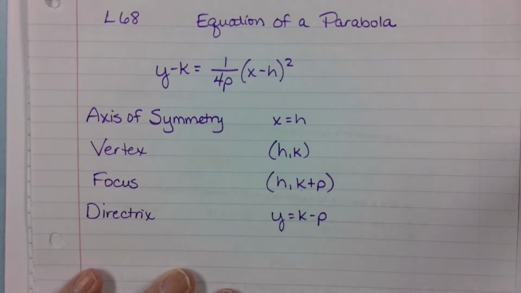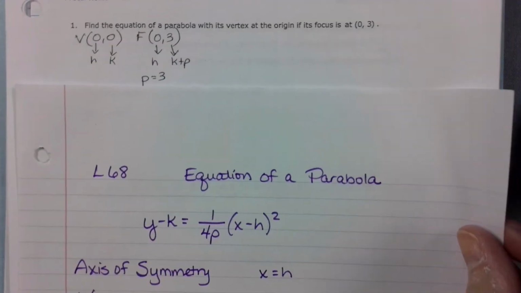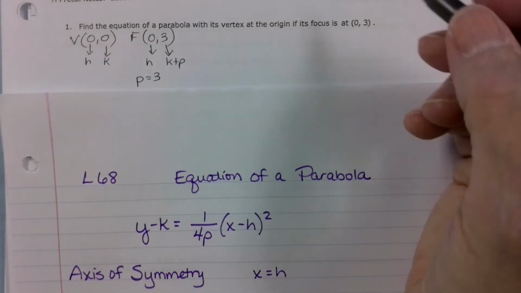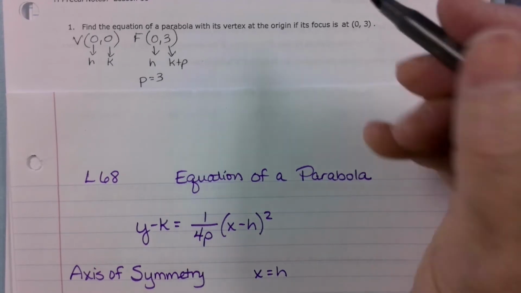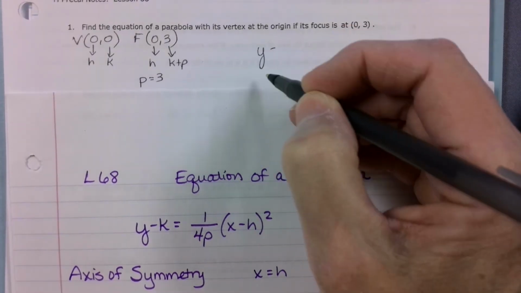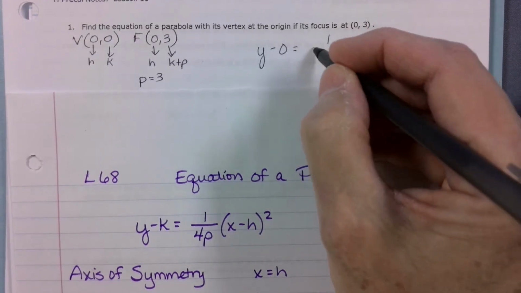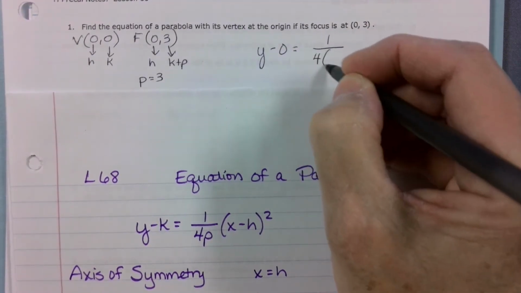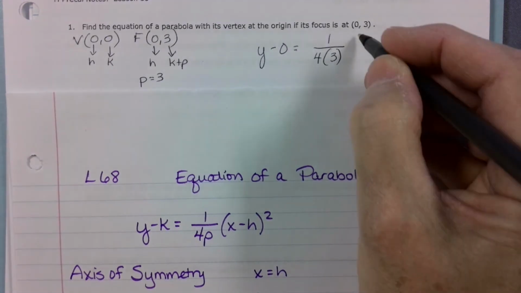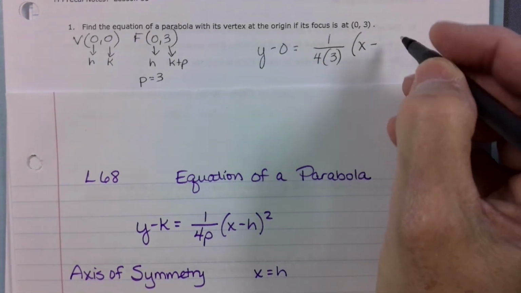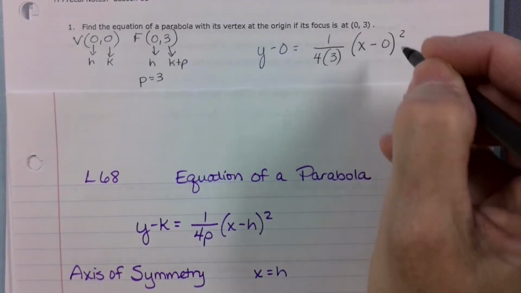Okay, so we're going to take this equation, and we're going to take this information that we know right here, and we're going to write the equation. So, we have y minus k, I know that k is 0, right? Over 1 over 4 times p, I know that p is 3, times x minus h, and h is 0, squared.